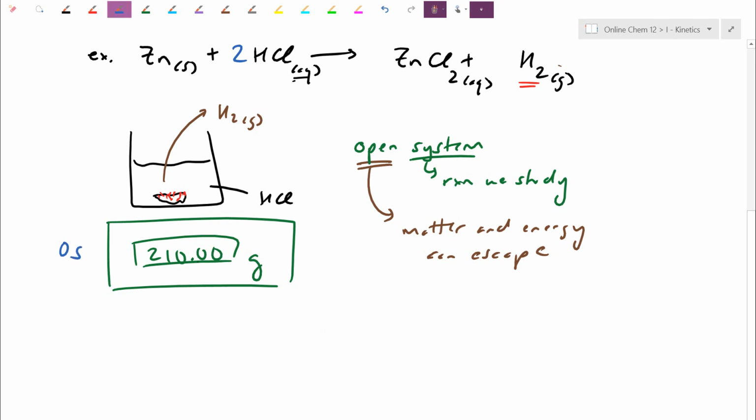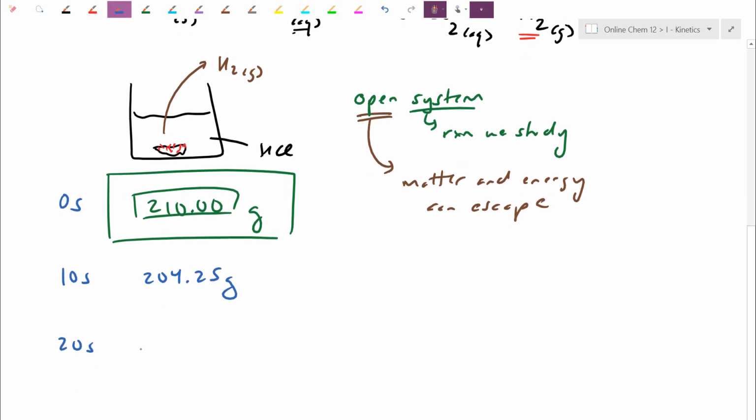And what's going to happen is, as the bubbles form, as the hydrogen escapes the system, let's say in 10 seconds of time, the mass here drops to, I don't know, 204.25. And then maybe in another 20 seconds, at 20 seconds, maybe it drops to 199.76. Basically, I expect this number to continuously change as the hydrogen gets lost.